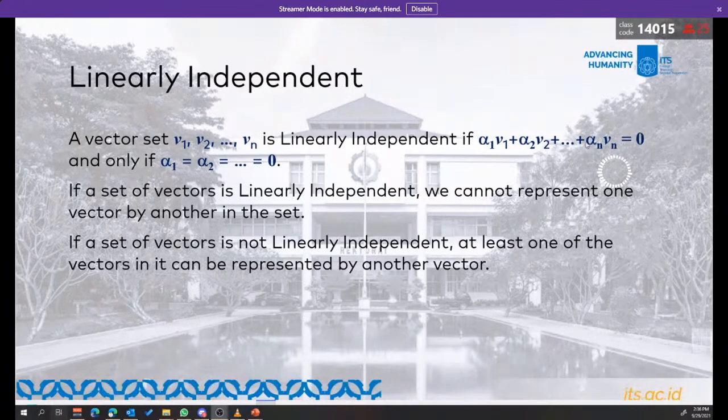Paham ya? Jadi ketika ada case alfa 1, alfa 2, atau alfa 3 tidak sama dengan 0, ternyata hasilnya tetap bisa menghasilkan 0, maka dia tidak bebas linear. Itu syaratnya. Syarat bebas linear harus terpenuhi dua ini.